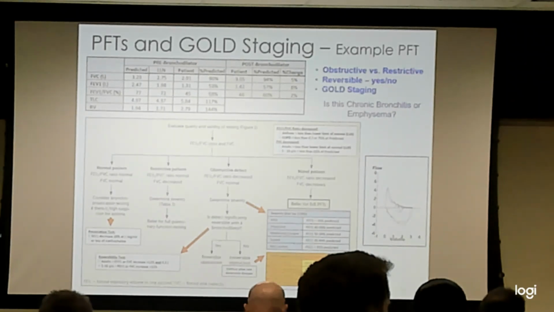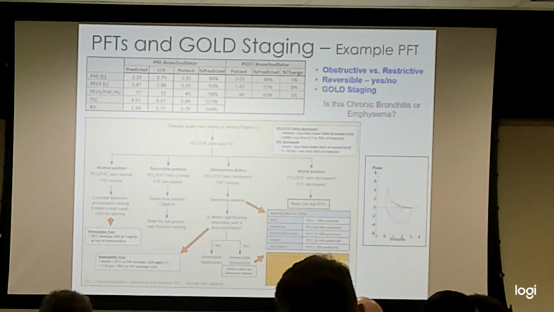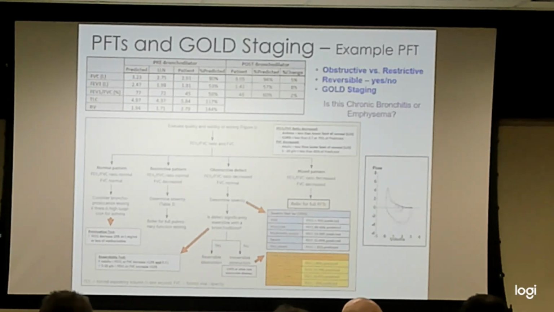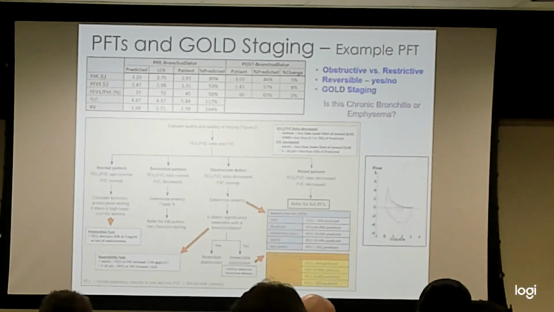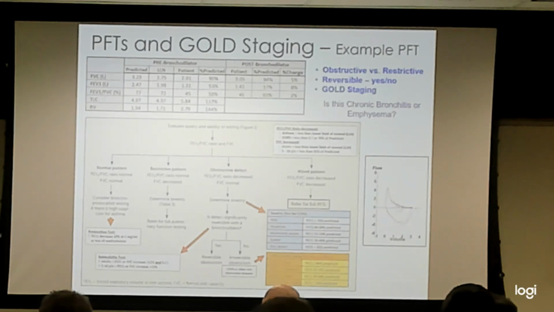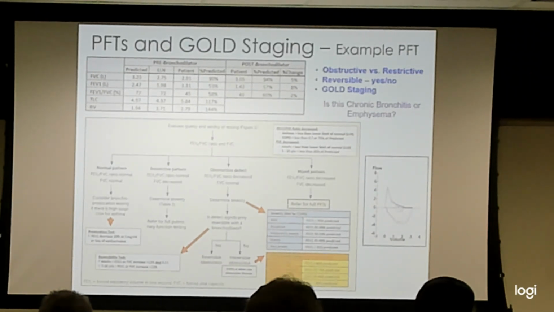So it's 57% of the predicted, and so 57% would fall into what category? Moderate, yep. I know I hate these, I'm sorry. I have to teach them to you. All right, but that's it.